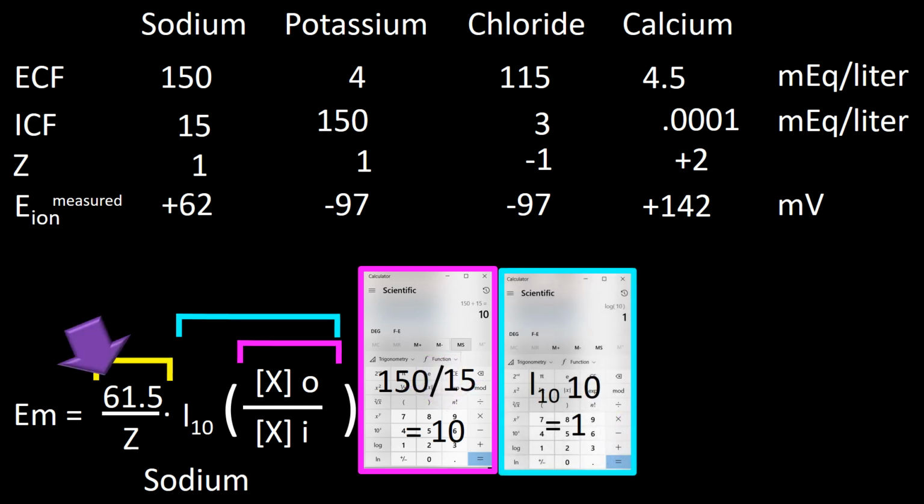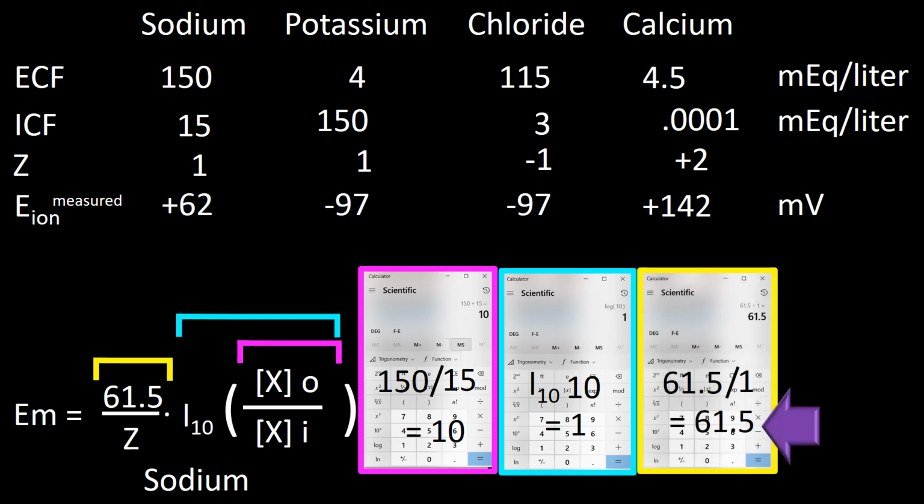Next, we divide 61.5 by the valence of Z, which for sodium is 1, this operation yields 61.5.